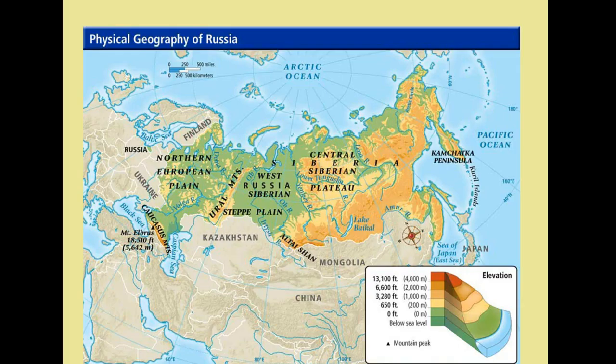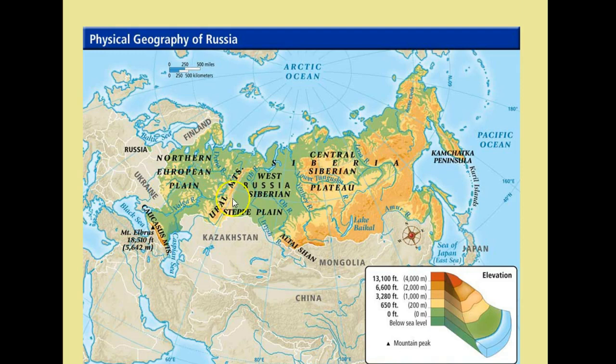If we look at a map of the physical geography of Russia, its physiography, we see the Northern European plain as an extension of the Northern European plain that actually extends across into Germany and Northern Europe. We see the Caucasus Mountains separating Russia from the countries of the Middle East.